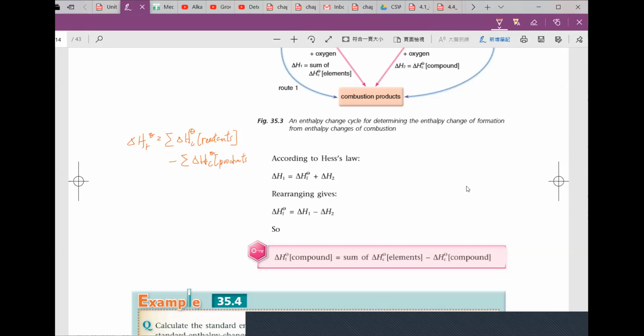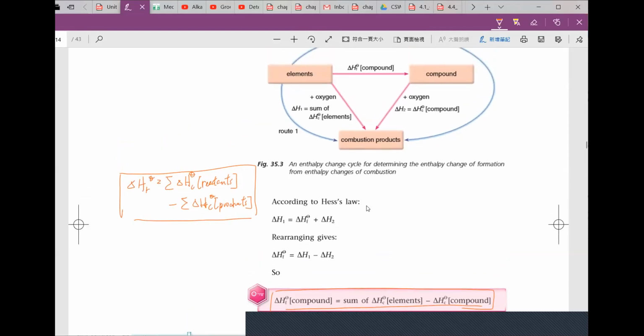Now, these two are a little bit different, but you can do a very similar generalization. So you may use this formula to find the delta H of the reaction.